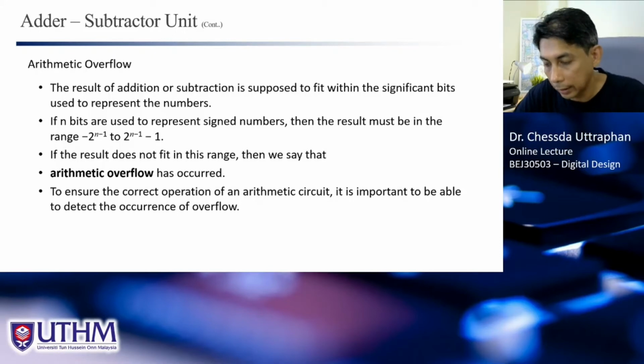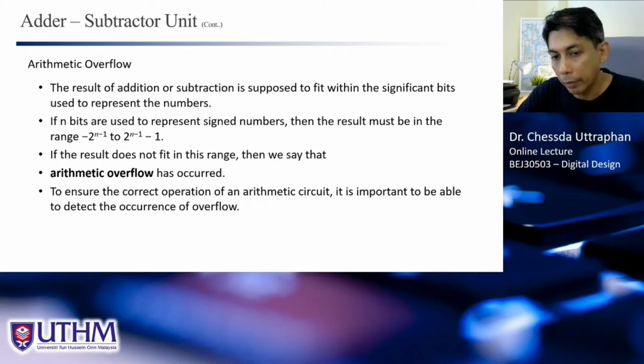The register is the storage circuit. If the output does not fit in one 4-bit storage, we need more storage, so we need to use 2 registers, for example. But we need to know whether the operation that we perform will produce what we call overflow or not. Overflow means that the result does not fit the system.